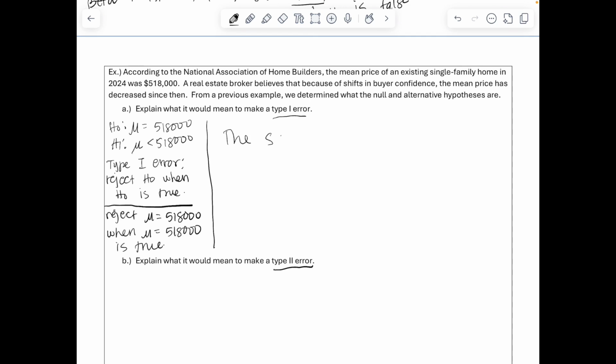And so we're going to say the sample evidence led the real estate broker.